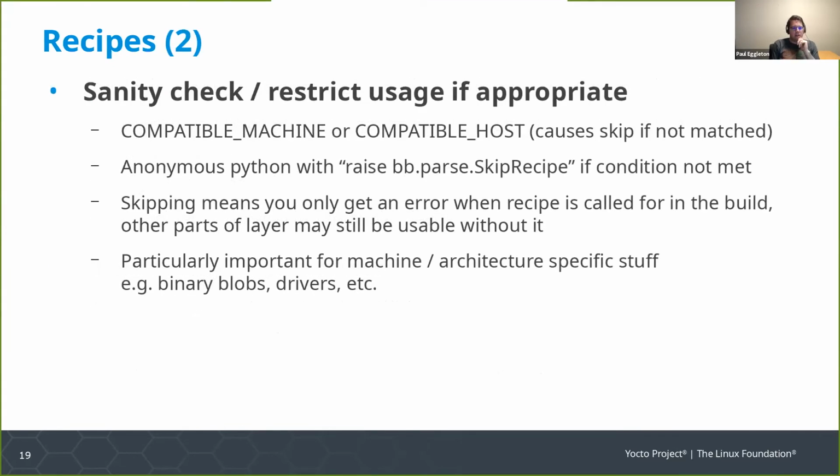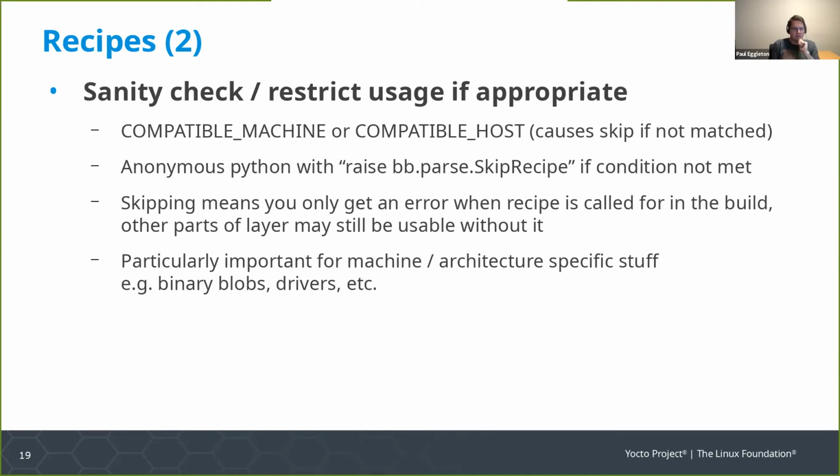So sanity check or restrict the recipe to a particular machine or host if that's appropriate. This is particularly important for machine or architecture specific things, binary blobs, drivers, and that sort of thing. You can also do a more complicated check if you want using anonymous Python by raising SkipRecipe in case the condition isn't met.